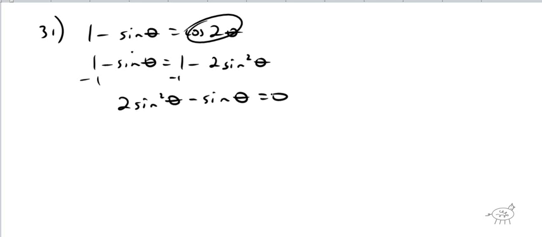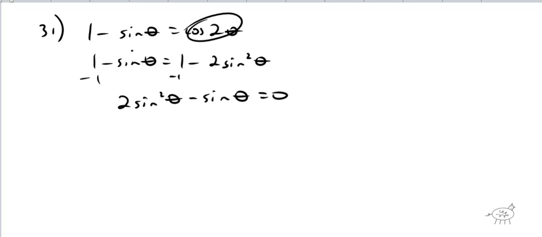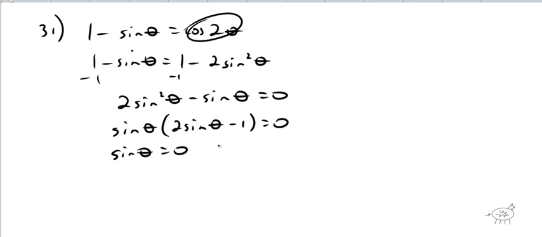That's really, really bad. You can only factor. Then I factor out sine, so I get sine of theta times 2 sine of theta minus 1 equals 0. So sine of theta equals 0, and 2 sine of theta minus 1 equals 0, so sine of theta equals 1/2.